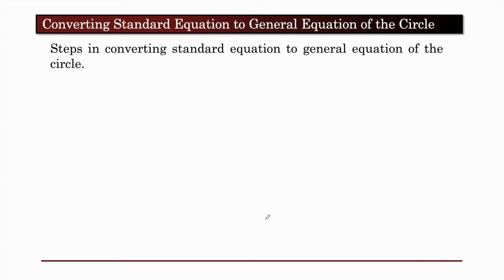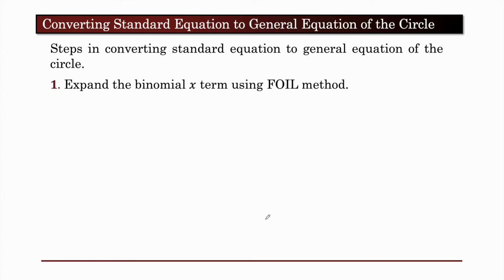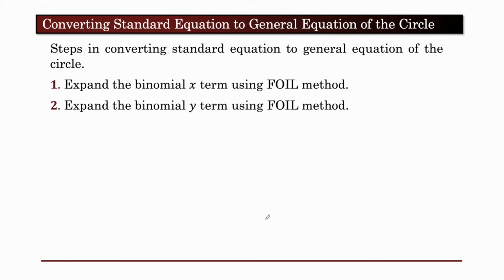Now, let us try to understand the conversion in the opposite manner, standard equation to general equation. So, we have several steps. Number 1, expand the binomial x term using the FOIL method. Number 2, same procedure but this time the y term naman.